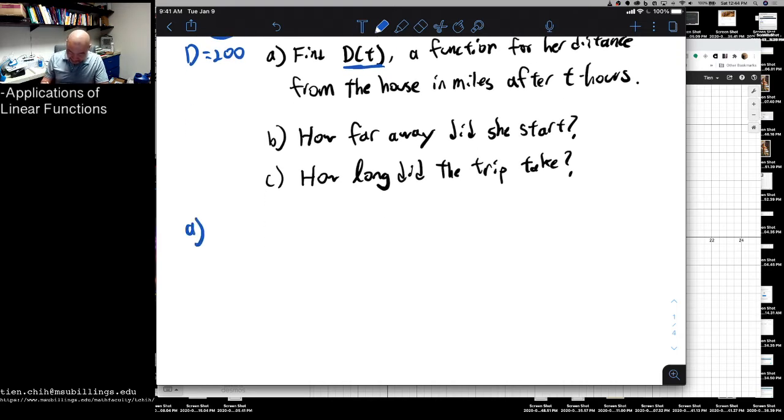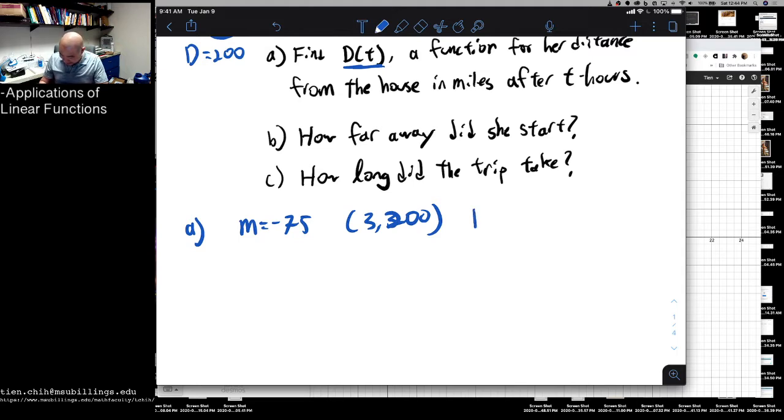So summarizing down here, we have a slope of minus 75 miles per hour. And we know that when t is 3, the distance is 200. That's a slope and a point, and that's exactly enough information to identify a linear function. And again, you can use different ways to do this. I'm just going to go ahead and use the point-slope form.